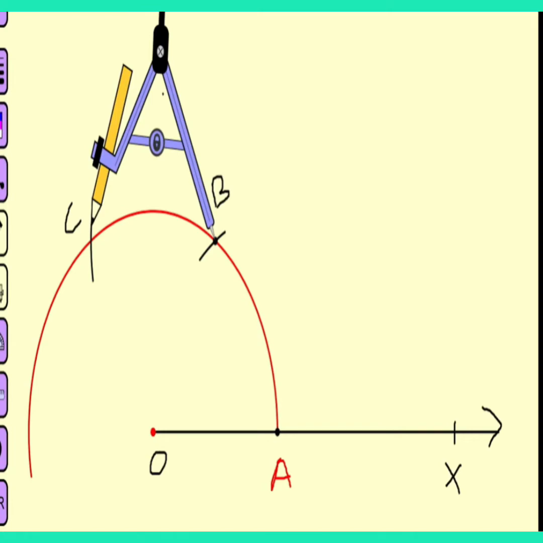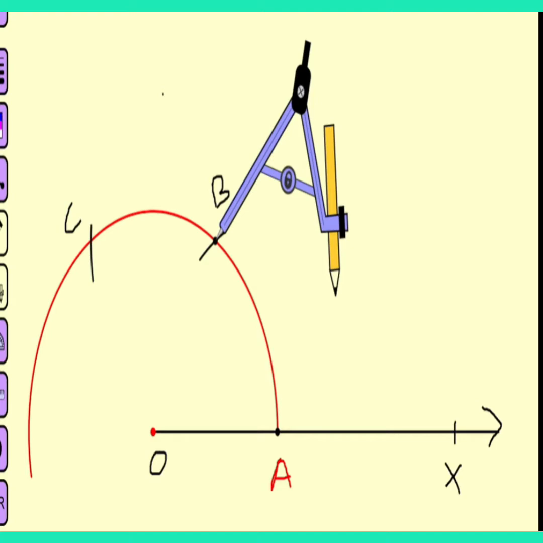Point B indicate, you all know that if you join O to B then you will get angle 60 degree. So now dear, we will draw the bisector of this 60 degree, then we will get an angle 30 degree.